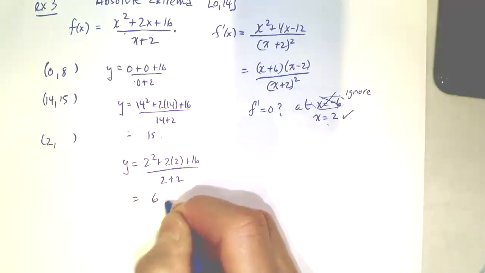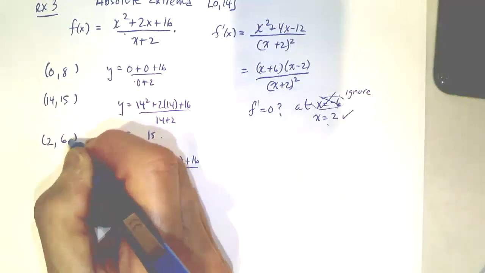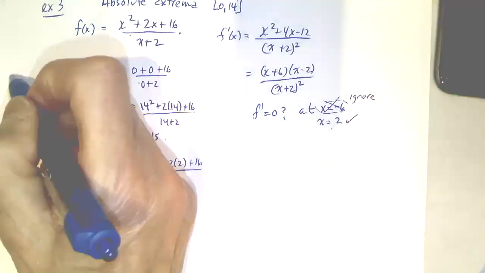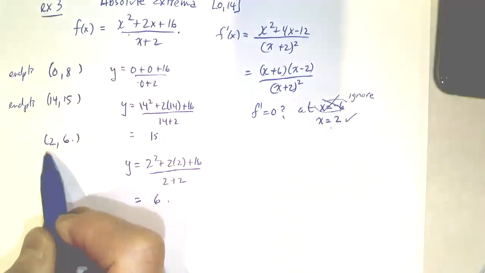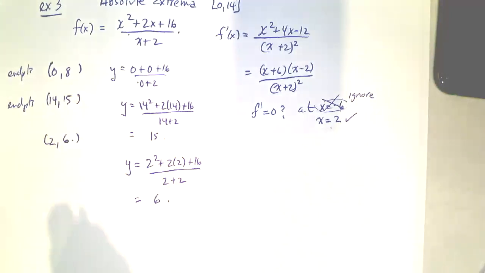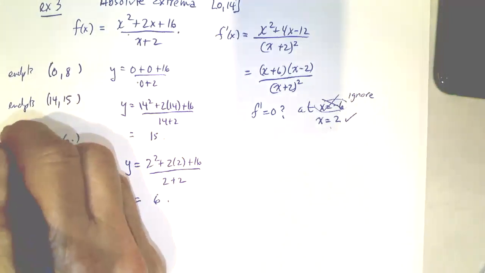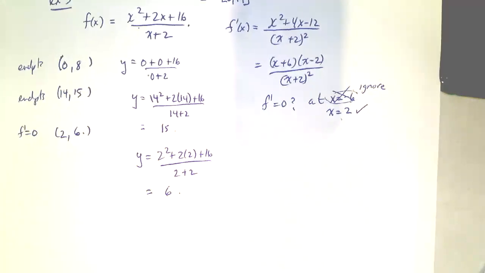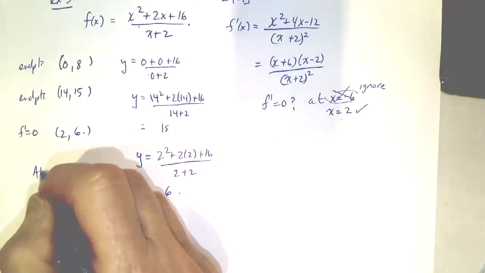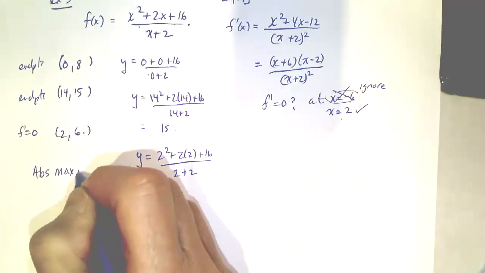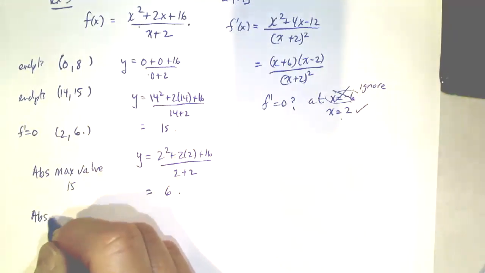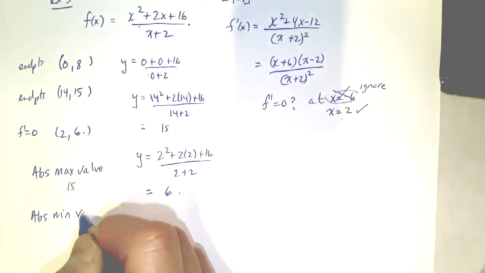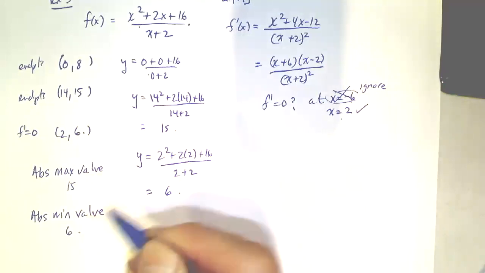And what I'm going to get is the number 6. So these were the two endpoints. This was the one value where the derivative equals 0 that was in the section of the function that we're investigating. Clearly, the absolute max value is the number 15, and the absolute minimum value is 6.